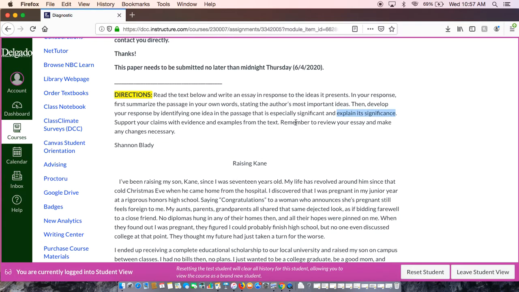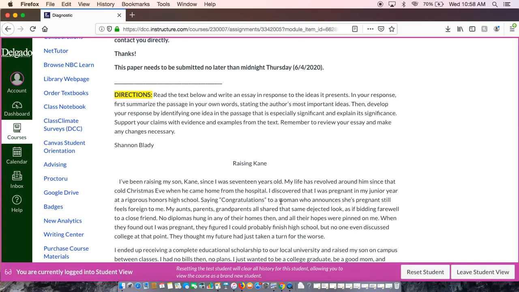Then, once you're done, just like you read this essay 3 times, read your own essay 3 times. That's called reviewing your paper. And then you make any changes necessary. Maybe you want to focus on grammar or punctuation or spelling, but also maybe there's some places where you feel like the words don't flow.